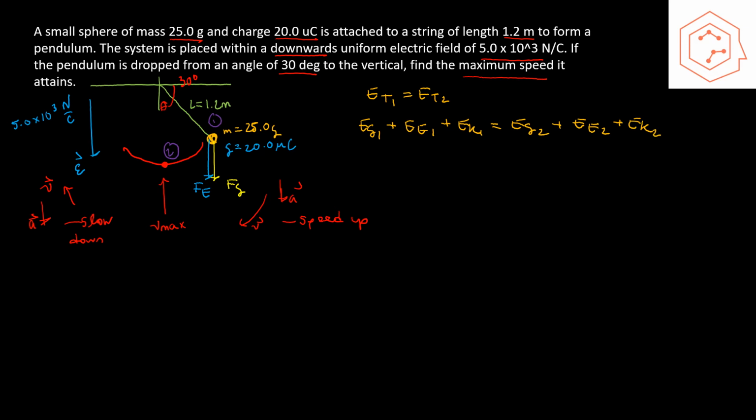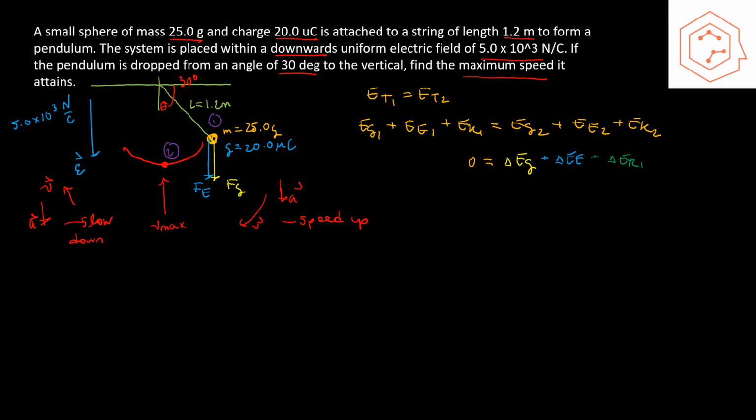And then we can move everything to the right side. So we have 0 equals EG2 minus EG1, which is the change in the gravitational potential energy, plus EE2 minus EE1, which is the change in the electrical potential energy, plus EK2 minus EK1, which is the change in the kinetic energy.